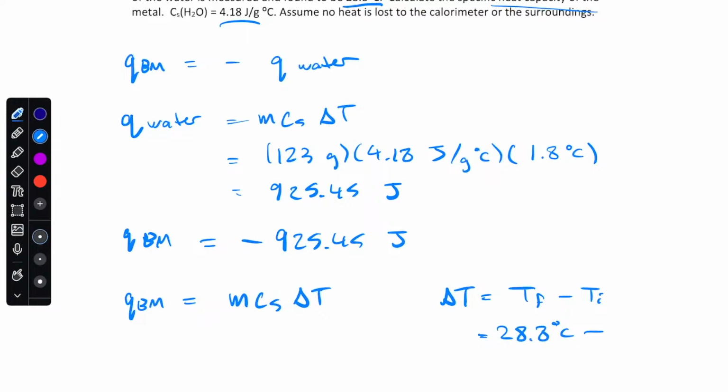And its initial temperature was 95.8, which is negative 67.0 degrees C. All right, so we know the mass, we know the Q, and we know the delta T. The only remaining unknown is CS, which is what they want us to calculate.